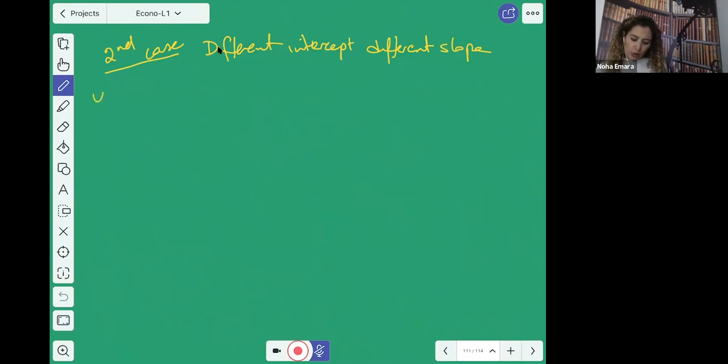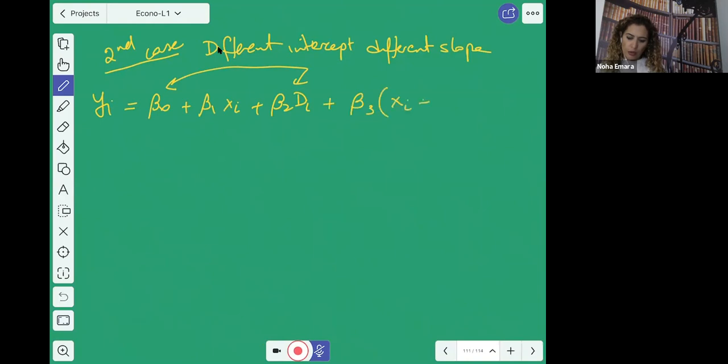In order to get different intercept and different slope, I need to add a dummy, because this one would be added to the intercept of the model, creating a new intercept. But I also have to have an interaction term that is going to affect the impact of experience.